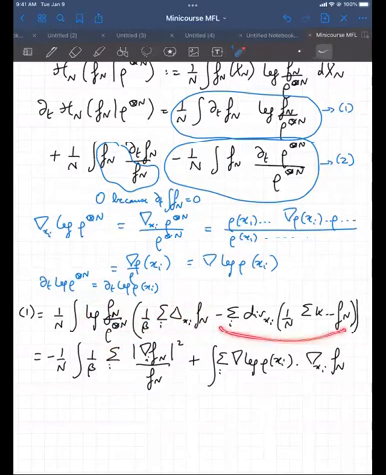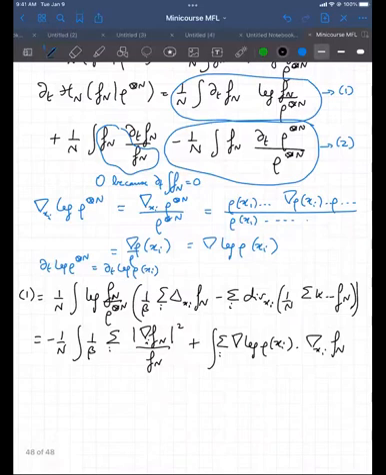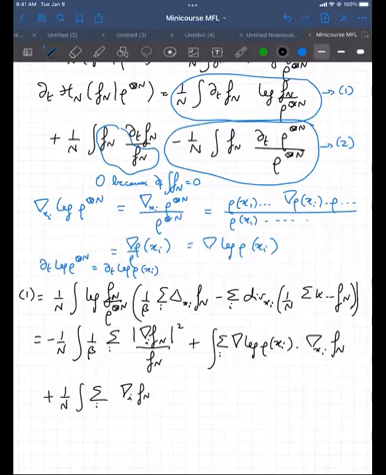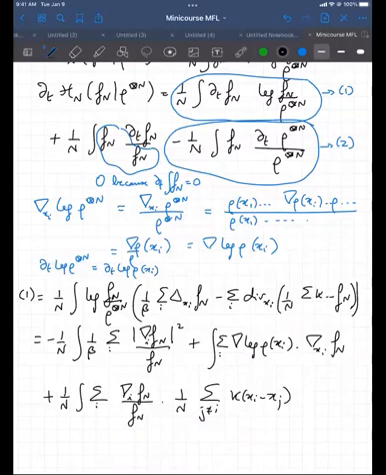And then I have this term and I put the divergence on the log again. So I'm going to have two more terms. I'm going to get a term like 1 over n integral of sum over i grad_i fn divided by fn, dotted with 1 over n sum over j different from i of k(xi minus xj) fn. And I have the last term where this hits the log rho tensor n times.